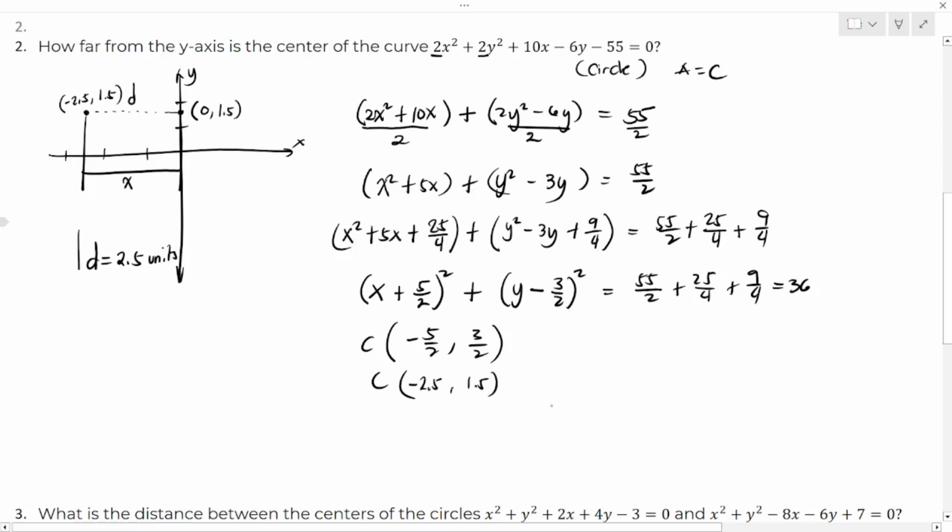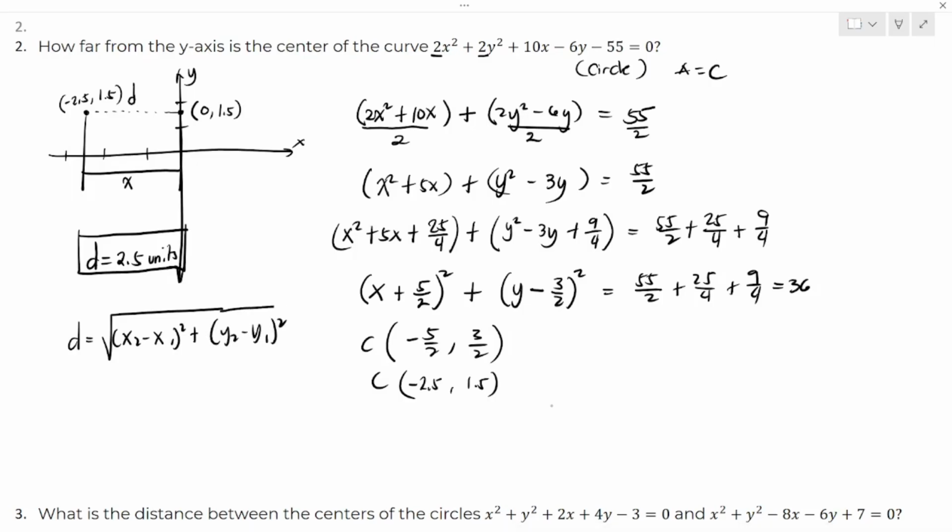So, yan lang, no? You just need to make a drawing lang out of that. Pwede man din, distance formula, that is x sub 2 minus x sub 1 square plus y sub 2 minus y sub 1 square. Dapat talaga, parallel sila. I mean to say, they are lying on the same line. So, kung 1.5 ito, 1.5 dito.